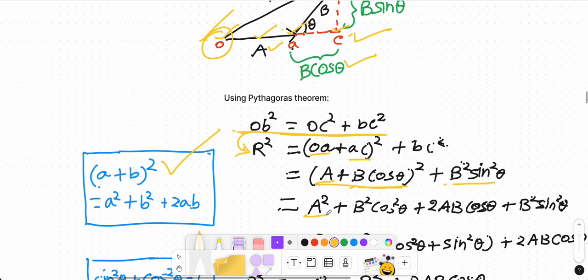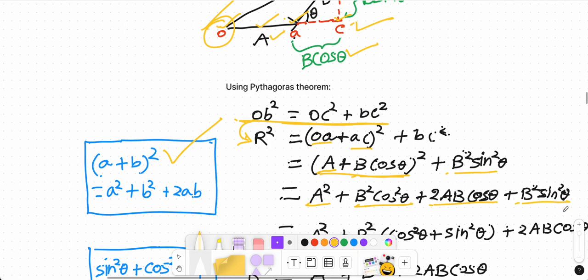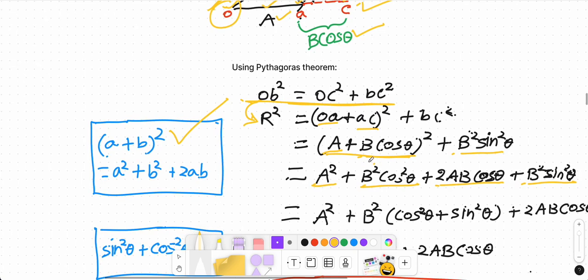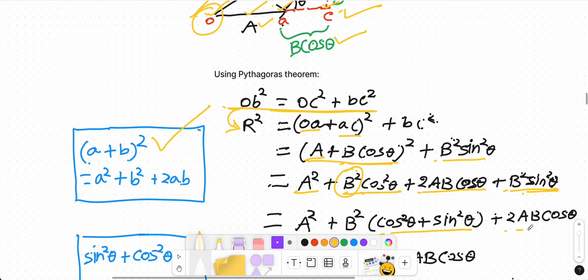So A square plus B square cos square theta plus 2AB cos theta plus B square sin square theta. Now I will take B square common and put cos square theta plus sin square theta in the bracket, and 2AB cos theta.